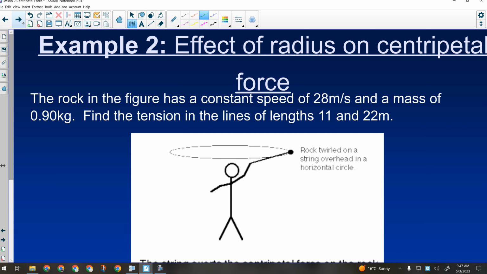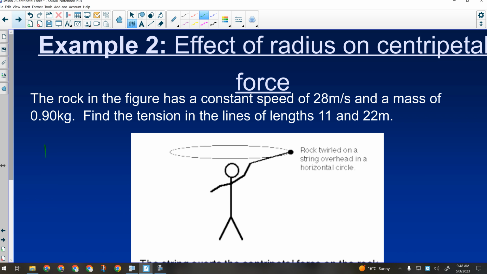So with a small radius, I have to hold on to it pretty hard. With a large radius at that same speed, it's nothing. I hardly have to hold on to it at all. Because we're dividing by r, any increase in r is going to make Fc go down linearly. So it'll be an inversely proportional relationship there.